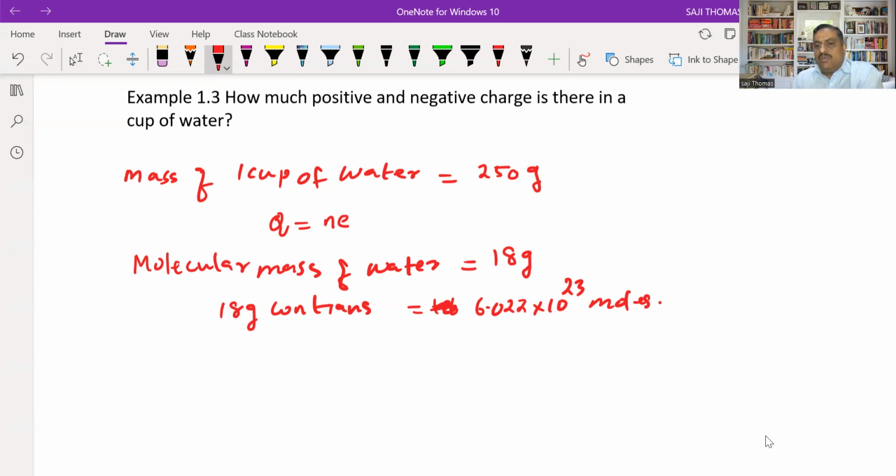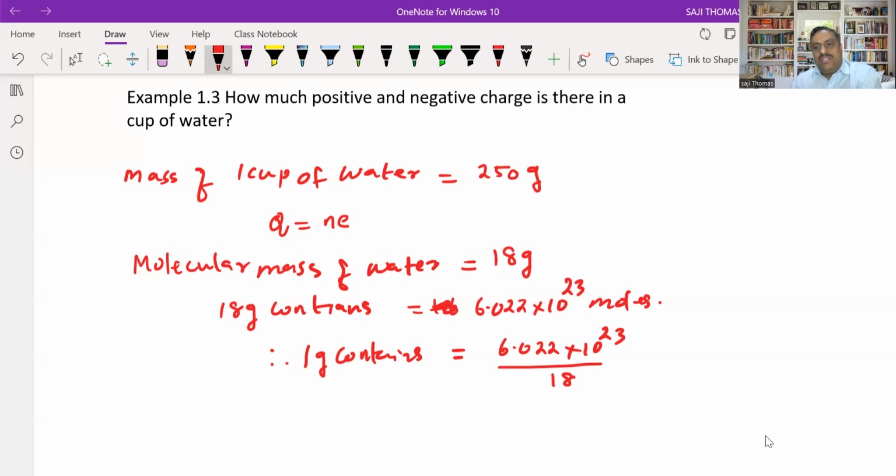So what will be the number of molecules contained in 1 gram? You have to divide by 18. Therefore, 1 gram contains 6.022 into 10 raised to 23 divided by 18 molecules.